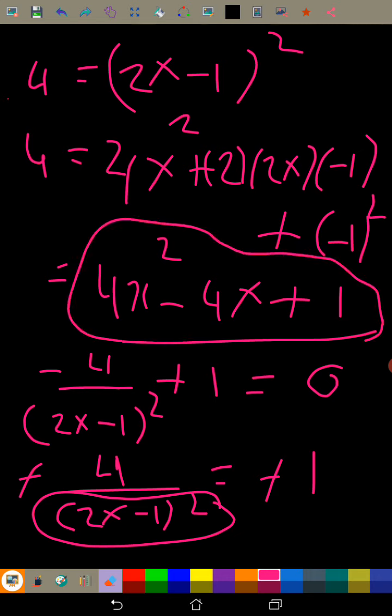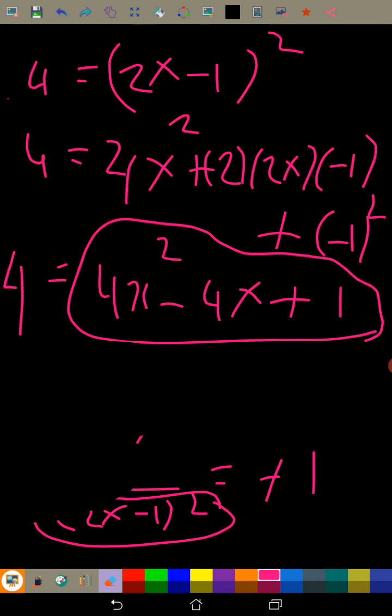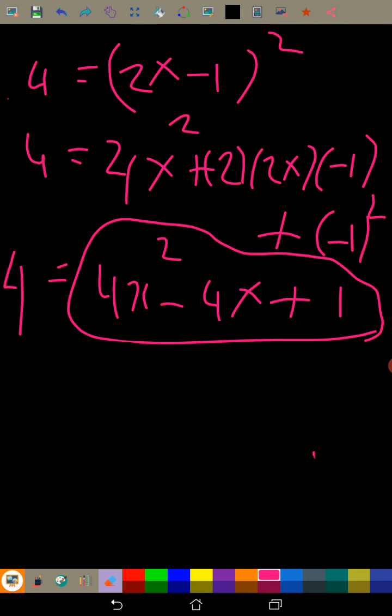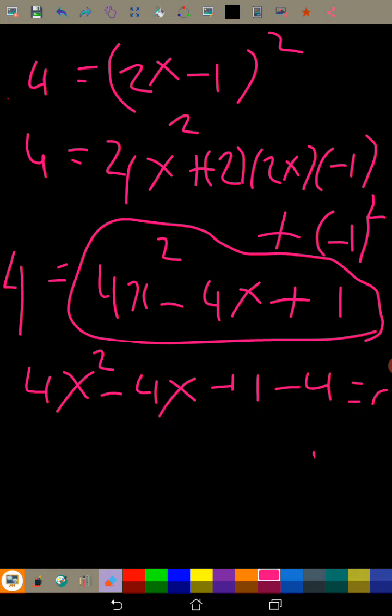So this is equal to 4. If we bring this to the other side, it will make things much simpler. So we have 4x squared minus 4x plus 1 minus 4 equals 0, so we get 4x squared minus 4x minus 3 equals 0.